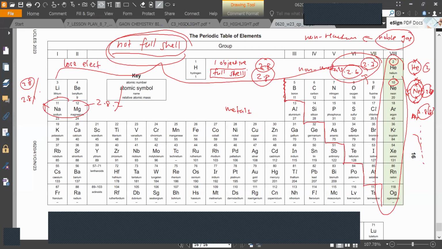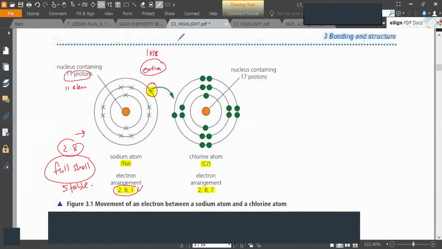That's how we get these ions. This sodium will try to lose 1 electron to get the full shell of 2, 8. And this chlorine is 2, 8, 7. It will try to gain 1 electron to get the full shell of 2, 8, 8. So after each chemical reaction, they always end up with a full shell.